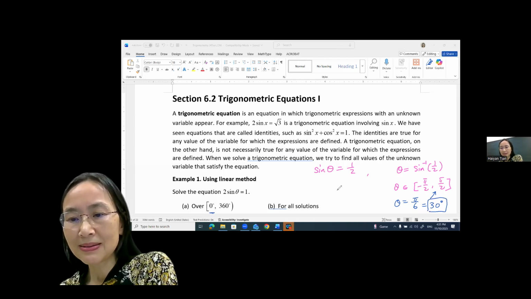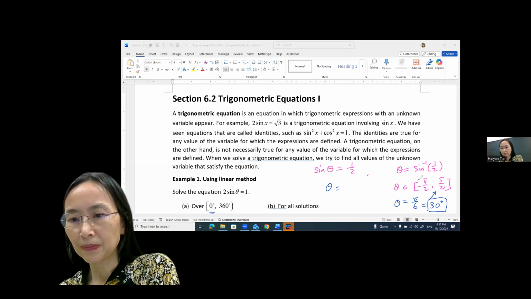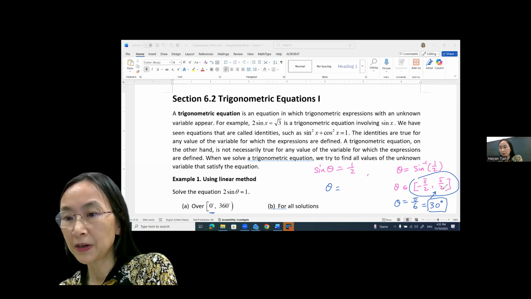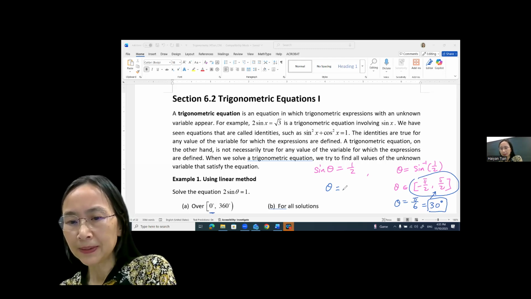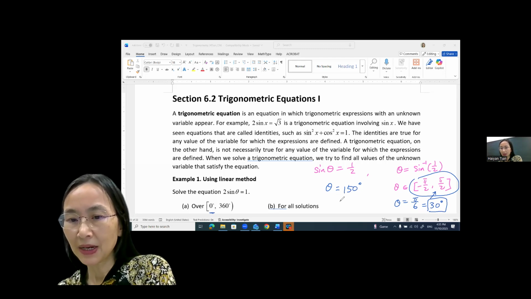But we know there is another theta outside of this range, bigger than 90 degrees, a theta that is 150 degrees, whose reference angle is 30 degrees, but the sine value is the same in the second quadrant.